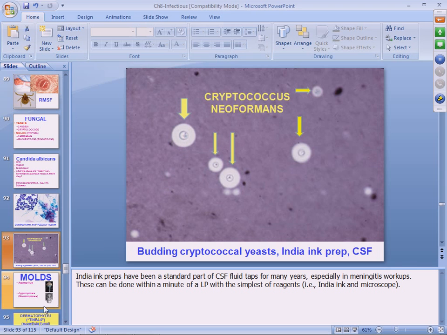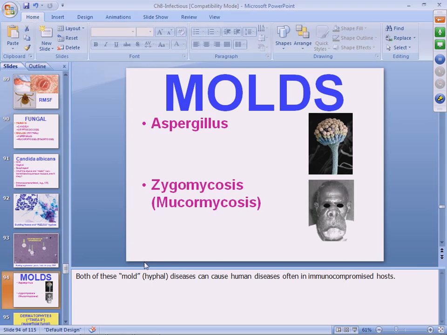We mentioned the molds, and I won't go into it either, but Aspergillus and zygomycosis are the most common mold infections, and you would not expect many people to get a mold infection unless, once again, they're very severely immunocompromised.